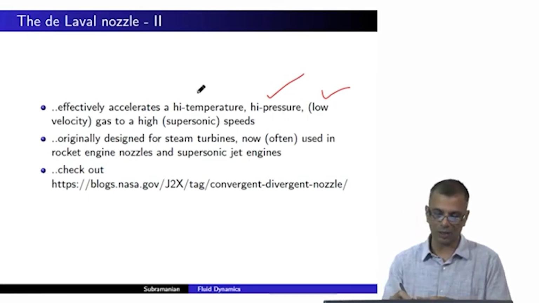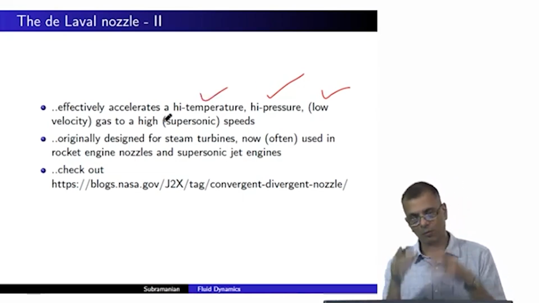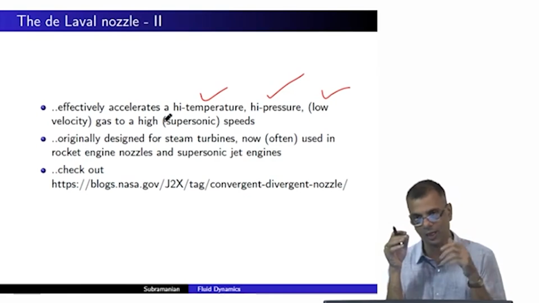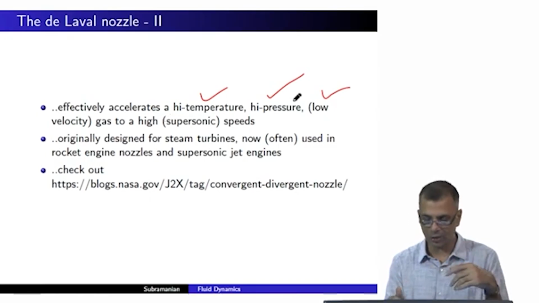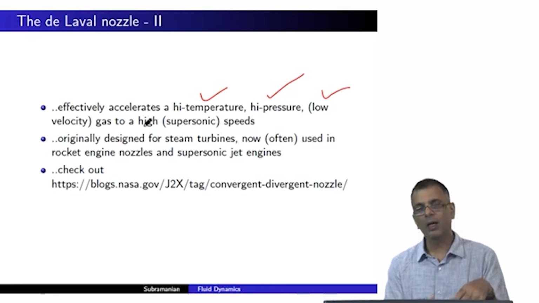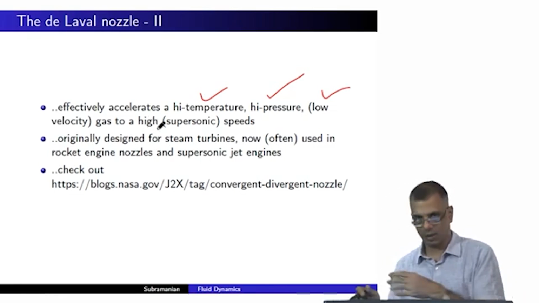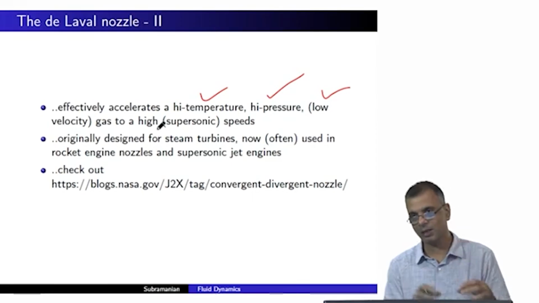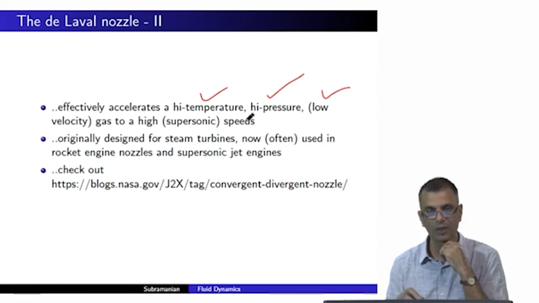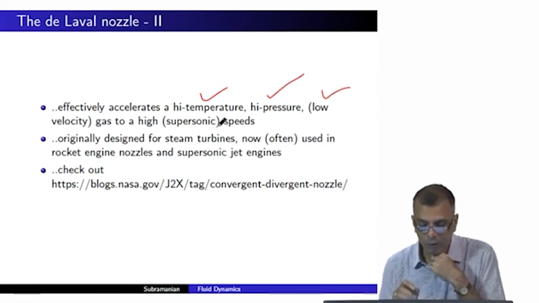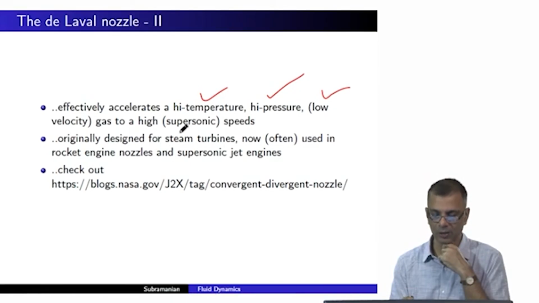That's the same thing as saying high temperature. The de Laval nozzle converts this kind of high temperature, high pressure, low velocity gas to high velocity gas. In other words, the internal energy is converted into the kinetic energy of the bulk flow. That's when you get high speeds, and specifically the speeds are supersonic.